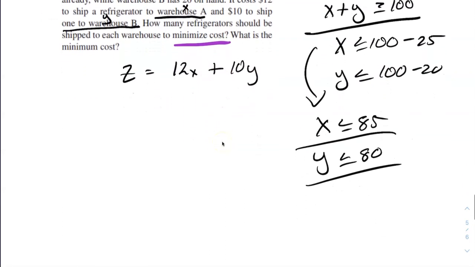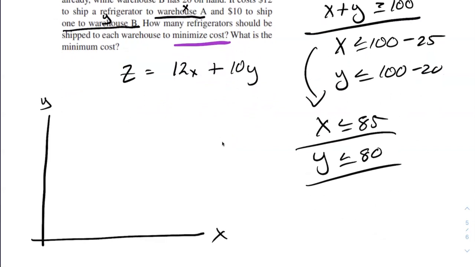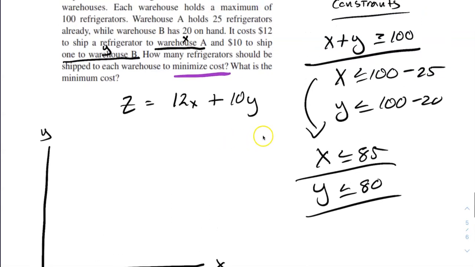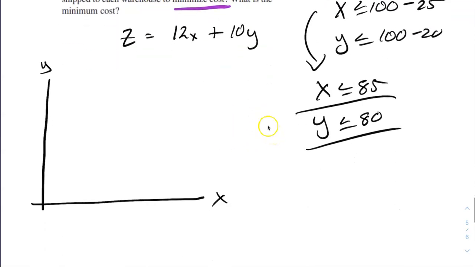Okay, let's try to graph this. When we graph these, we really want to graph the positive X and Y axis. Let's go by 10s again. So it'll be 10, 20, 30, 40, 50, 60, 70, 80, 90.